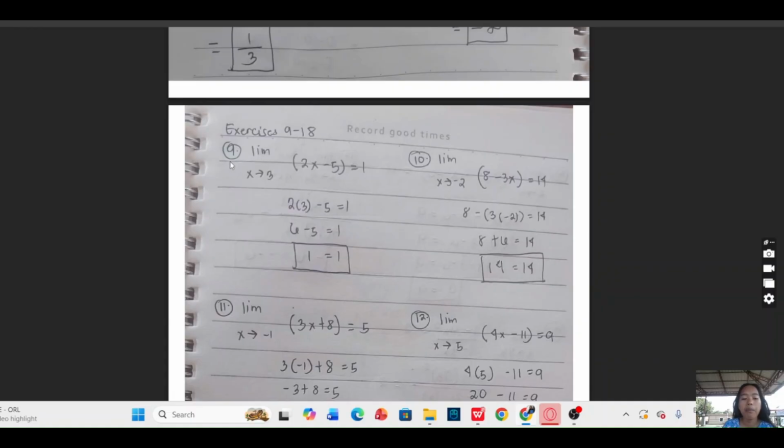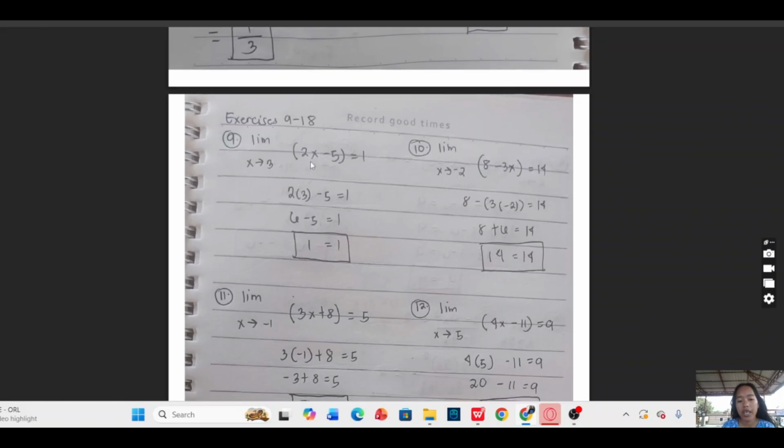So first, let's do number 9. The limit of 2x minus 5 is equal to 1 as x approaches 3. What we're going to do with this one is just test if both sides are equal to each other. We are going to check if 2x minus 5, when we change x into 3, would be equal to 1.